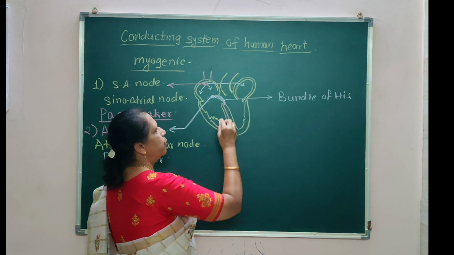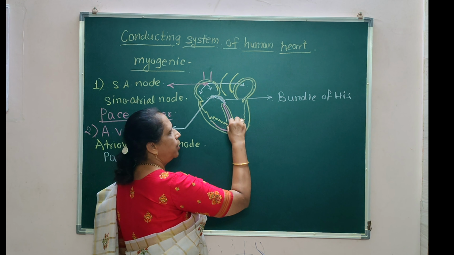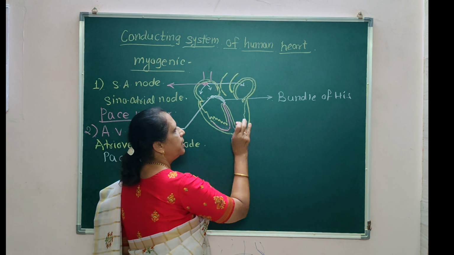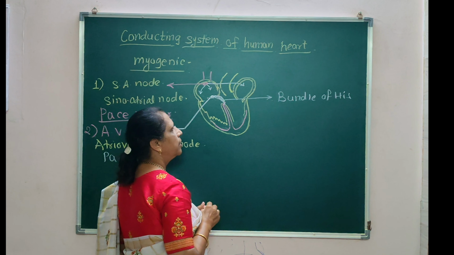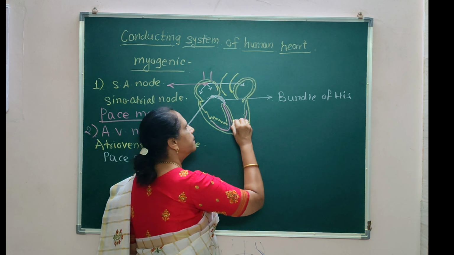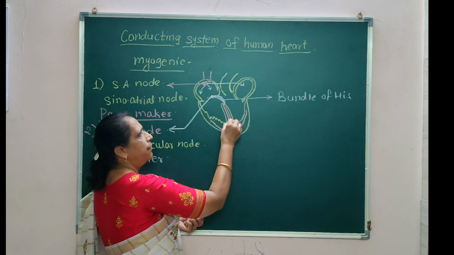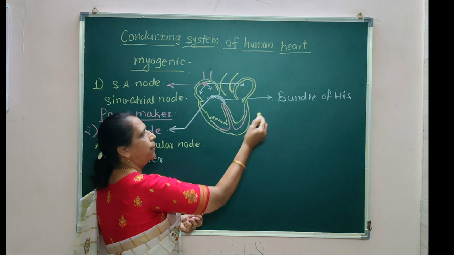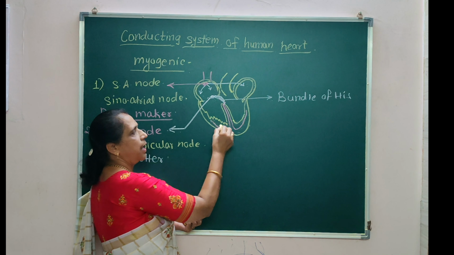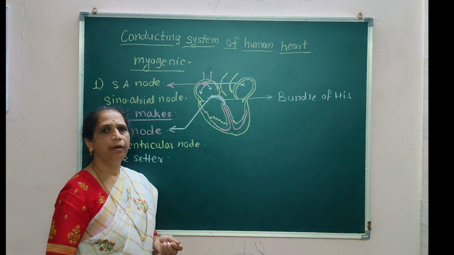The second branch, the left bundle of His, carries impulses towards the left side of the ventricular wall. This part is called the bundle of His, which divides into two branches, the right and left branches, and transmits impulses to the ventricular wall.